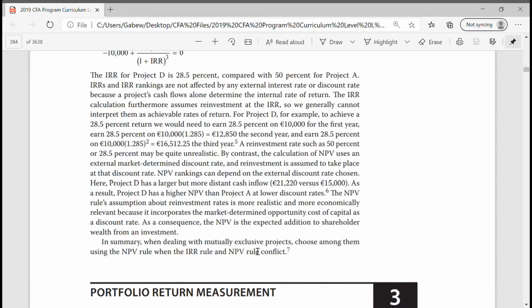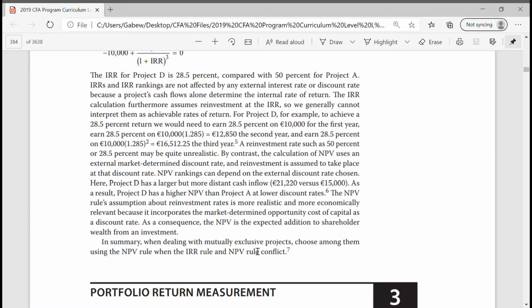For project D, for example, to achieve a 28.5% return, we would need to earn 28.5% on $10,000 for the first year, earn 28.5% on that much in the second year, and earn 28.5% on that much in the third year.